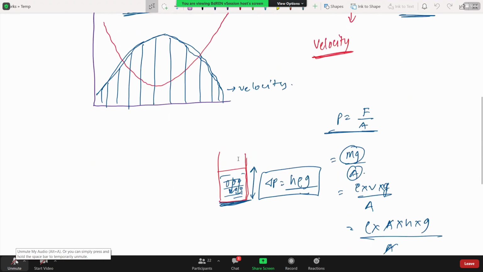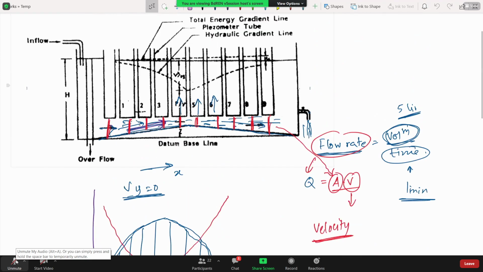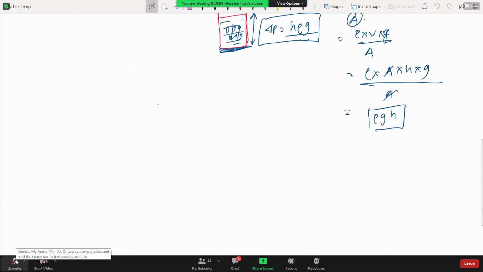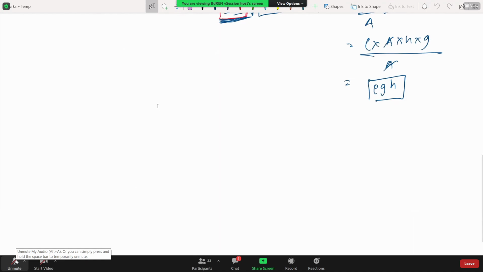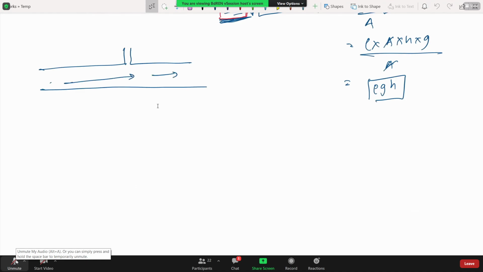Yes, we have a pressure, h rho g. So we have the pressure here, but we do not have the pressure at this tube, right? Let me show it here. You have this pipe. Water is flowing here, right?